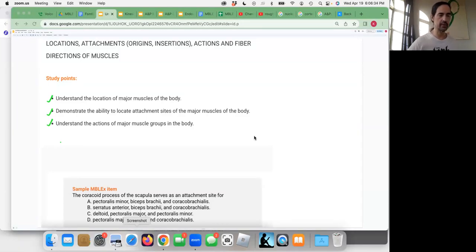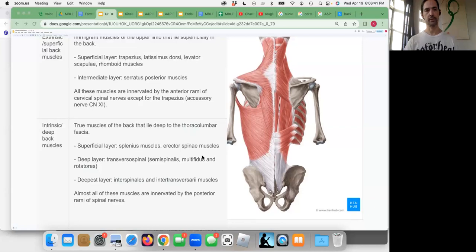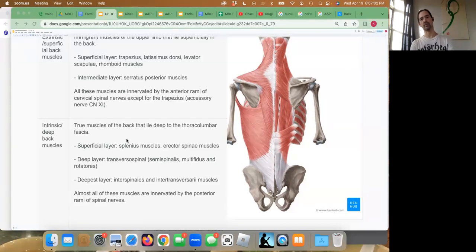Like there's the deepest layer of the back muscles, you'll see later. You never see them, like the interspinalis and the intertransversarii muscles. I've never seen anybody ask about those. Never. And sometimes they ask about the semispinalis, multifidus and rotatores, but they don't ask about those as frequently as they do the erector spinae muscles and the splenius muscles.